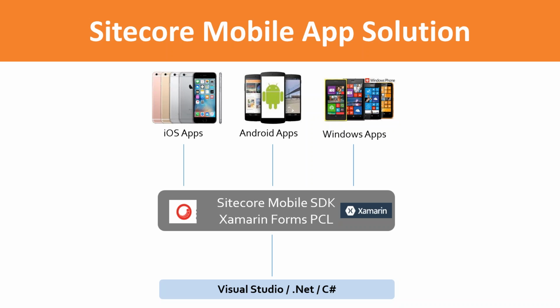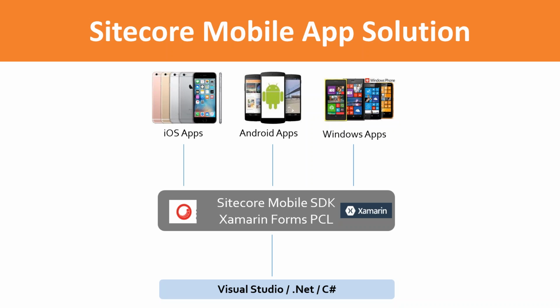What you would need now is a development team with experience in .NET and C#, and using that skill set, you can build the applications, which then get cross-compiled onto multiple mobile platforms, including iOS, Android, and Windows.